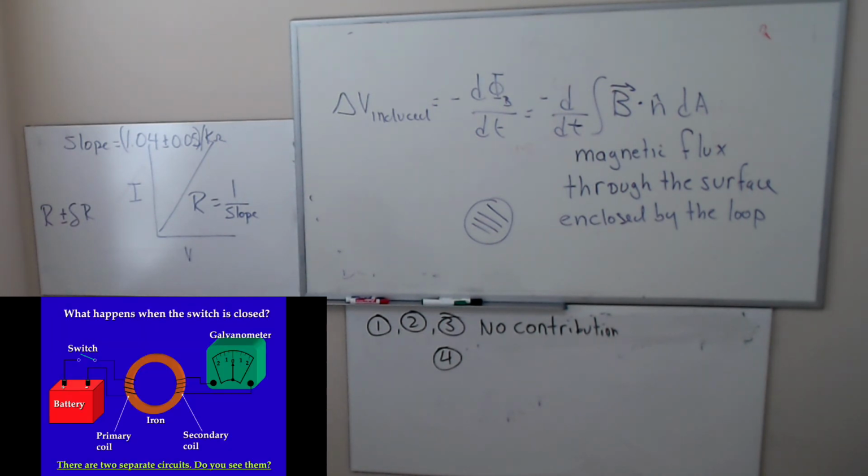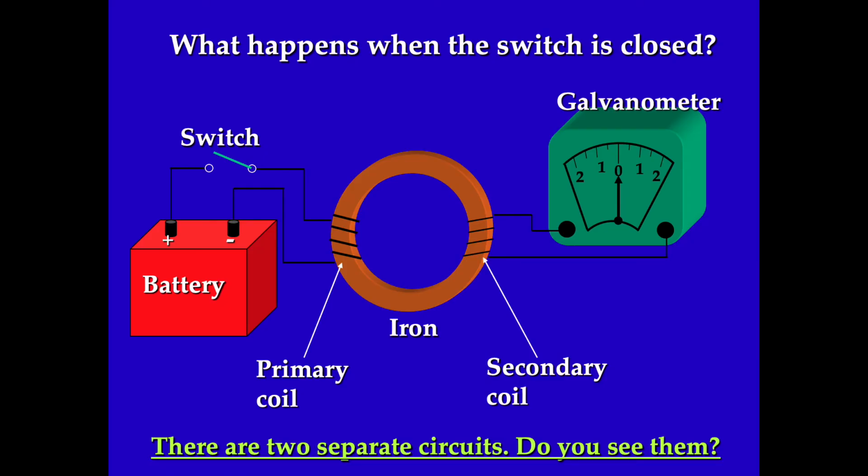So here's an example where you actually have two circuits. This is usually something I demonstrate in class, but this requires too much equipment to bring it home. So I have a battery and a switch, and I have a wire wrapped around an iron core.